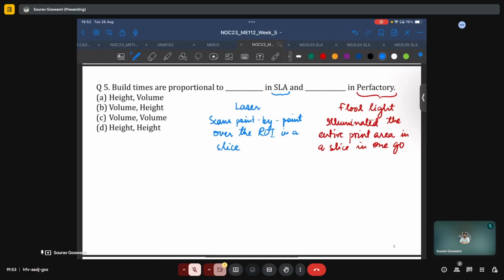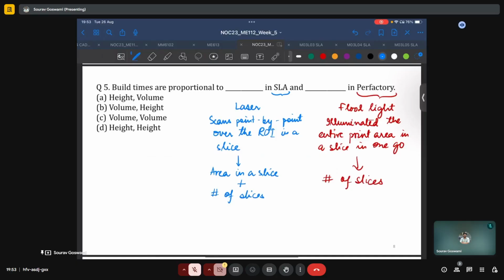And thus here, in the case of SLA, we were concerned with the area in a slice as well as the number of slices. Whereas in the case of Perfactory, because we are anyway exposing the entire print area, we are no longer concerned with the area in the slice, we are only concerned with the number of such slices.